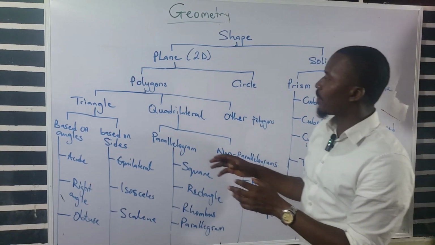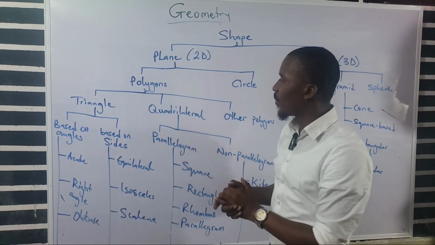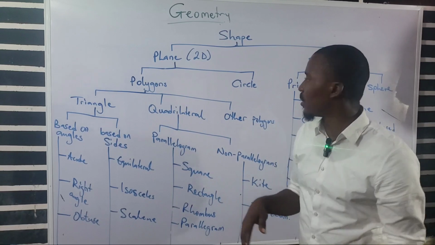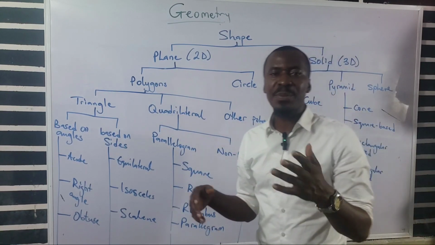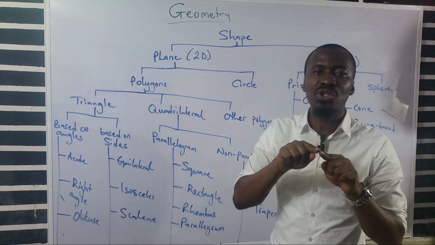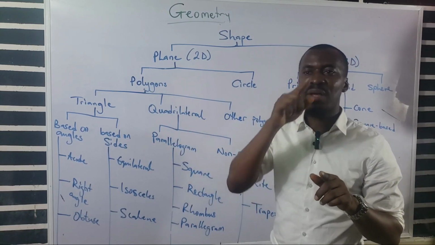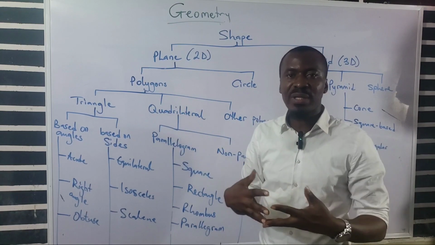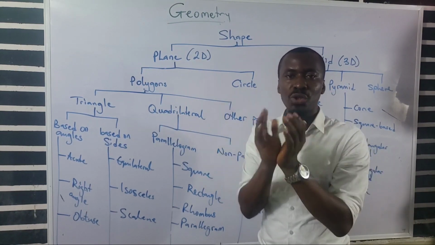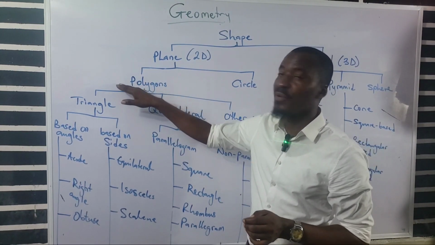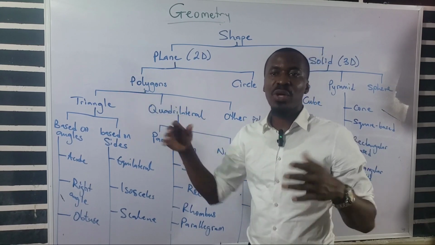Now, coming to the plane shape, we have the polygons and the circle. What are the polygons? The polygons are all those shapes that we get with straight lines. Whenever you draw straight lines that join together to have an enclosure, it is going to give you a polygon.